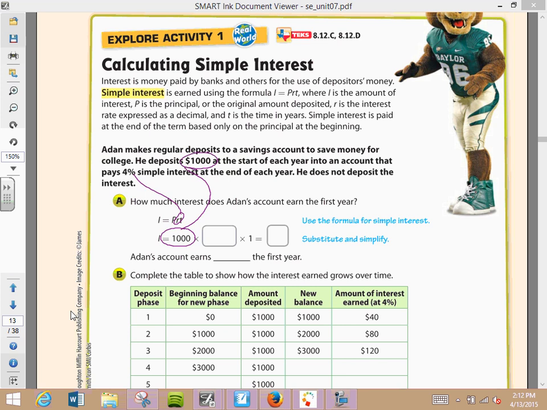Turn it into a decimal. So what would it be? 0.04 times 1. Why did it choose 1? It's 1 year. The last number represents a term, and we're talking about 1 year. So on your calculators, calculate the amount of interest that this person would earn in 1 year.